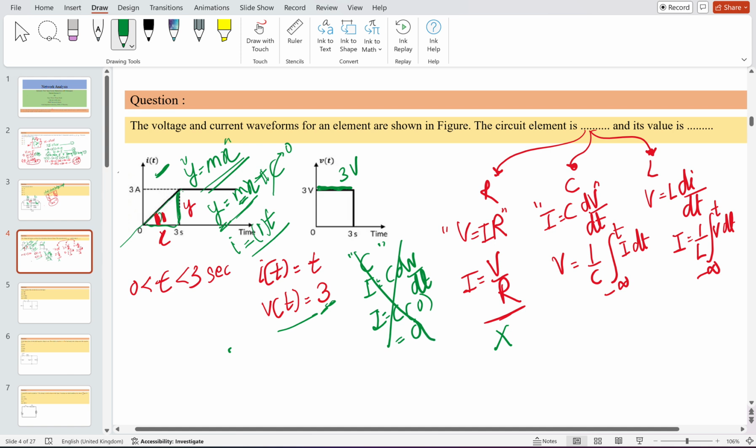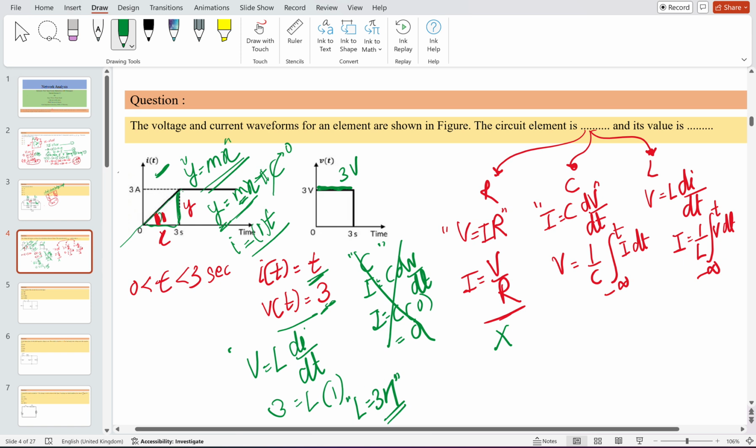Current is not zero. What about the inductor? If I consider it as an inductor, the voltage should be equal to L times di by dt. Here the voltage is 3, which equals L times di by dt, and di by dt is 1. So the equation V = L di by dt is actually applicable here, and L is equal to 3 Henry.